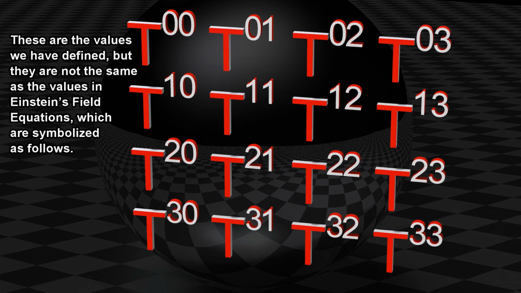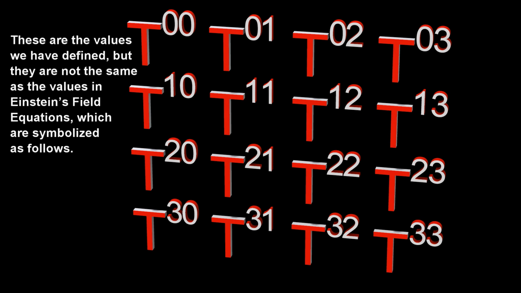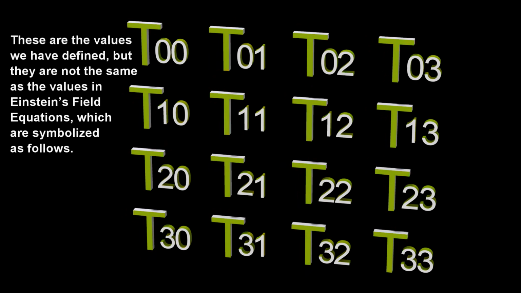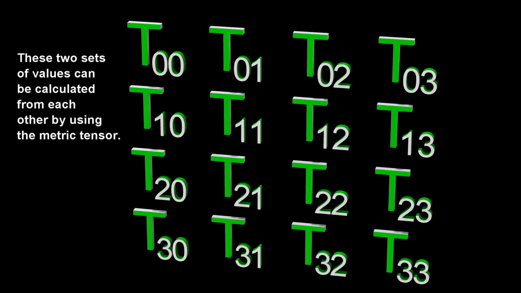These are the values we have defined, but they are not the same as the values in Einstein's field equations, which are symbolized as follows. These two sets of values can be calculated from each other by using the metric tensor.